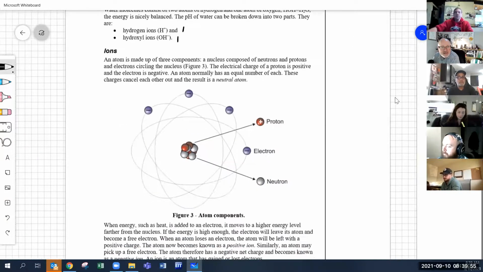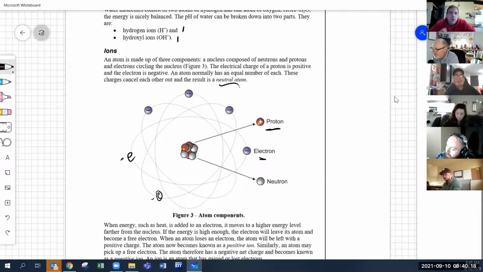As you can see here, we show this atom. It's a neutral atom because it balances out between the protons and the electrons, and that's why they call it neutral. But if you have extra electrons flying around on here, it becomes negative.